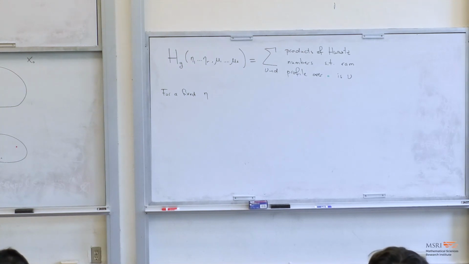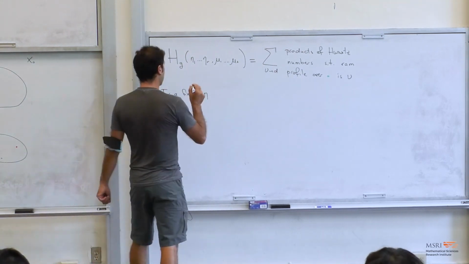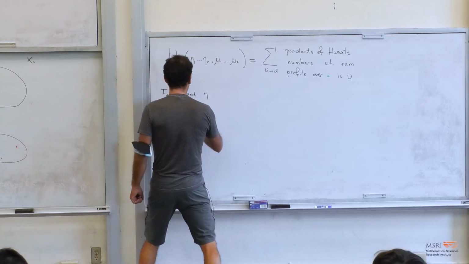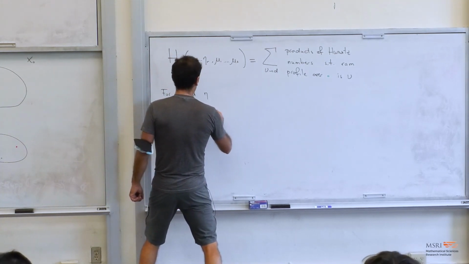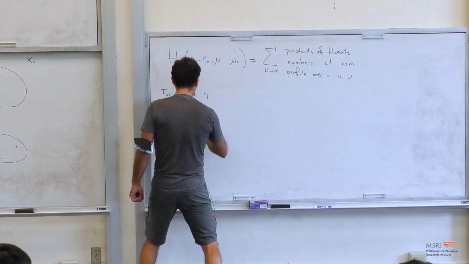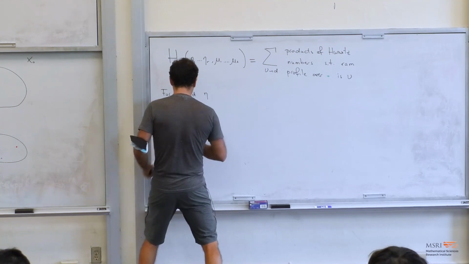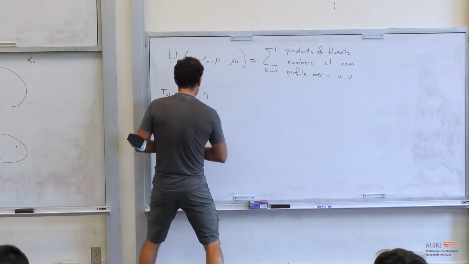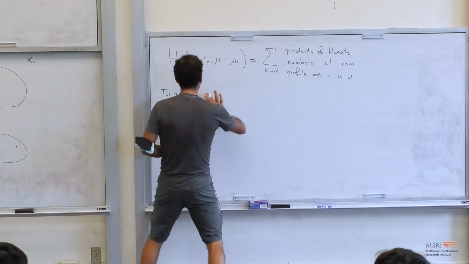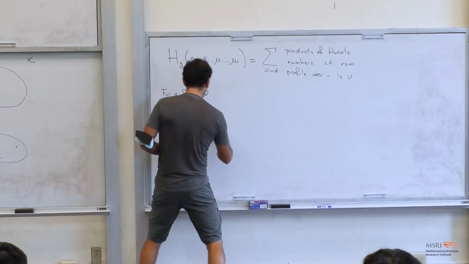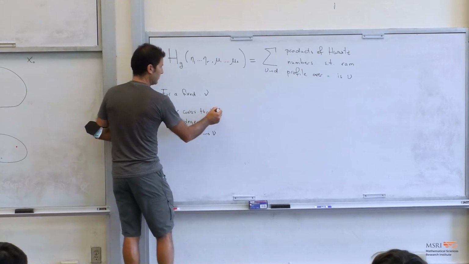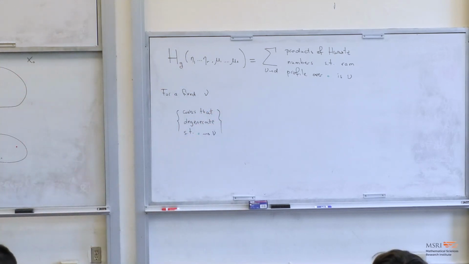what is the number? Let's consider the set of covers that degenerate in such a way that this gives the profile. Sorry, for fixed eta.